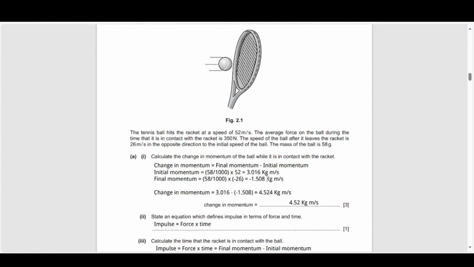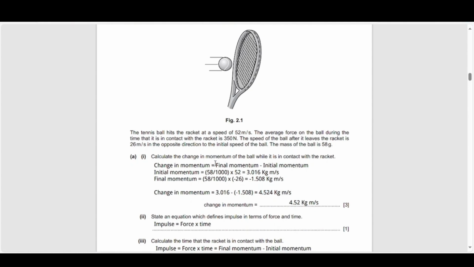Now, technically, I should have done the final momentum minus the initial momentum. But to calculate just the magnitude, you could do it this way because they are interested in the magnitude. So the key to keep in mind is that this isn't incorrect to calculate it this way. The reason I've done it is because it gives you a nice positive answer.